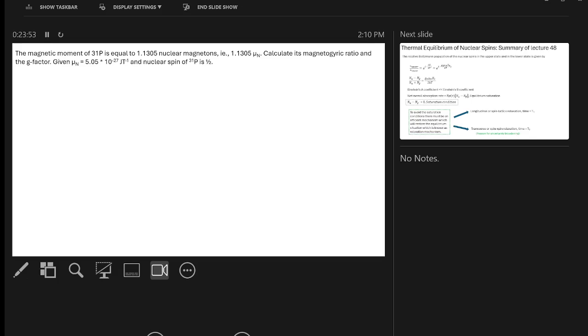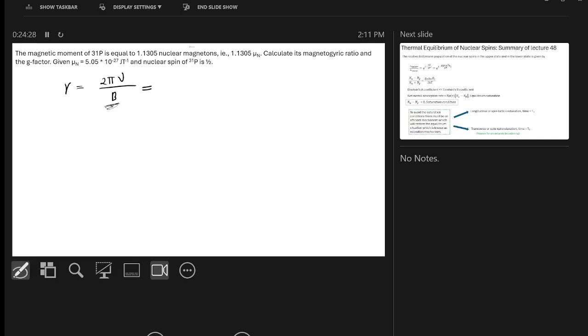This problem is very similar to the previous problem, so I will solve this. So again, this is asking to calculate magnetogyric ratio. So you can directly write gamma equals 2 pi mu by B, and when you solve it, from this equation you cannot calculate this gamma because the applied magnetic field is not given.